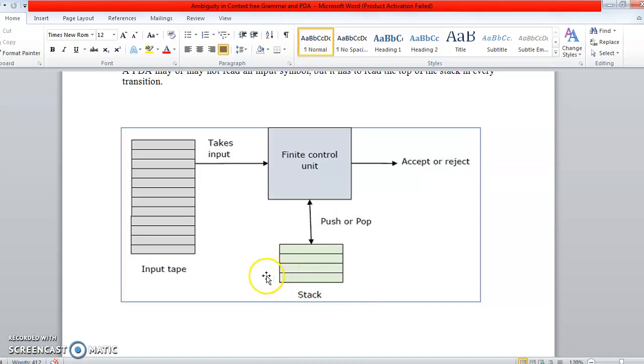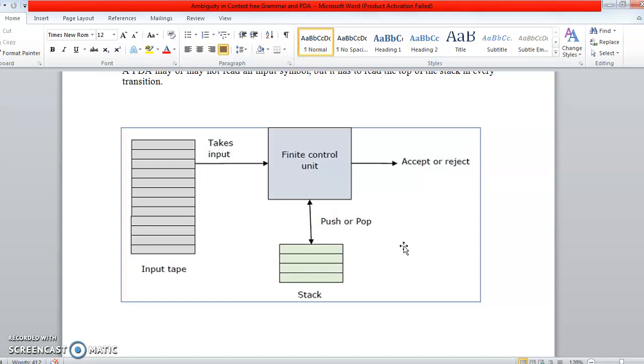Here, from the input tape, the input symbols will be taken by the states, and simultaneously the stack operations will also go on in parallel. That means for taking the inputs from the input tape, some symbols will be pushed to the stack, and sometimes symbols will be popped from the stack, and after that the state will be shifted to the next state.